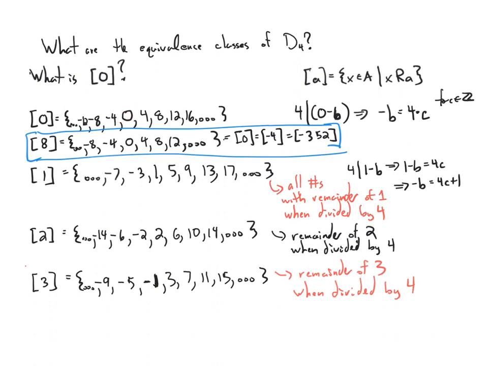That's reflexivity. The order that things are in here doesn't matter. That's symmetry. And it says that, well, if 0 is related to 4, 4 is related to 8, for example, 0 is related to 8. And you can use transitivity to show that everything in this equivalence class is indeed related to each other, which is fantastic.